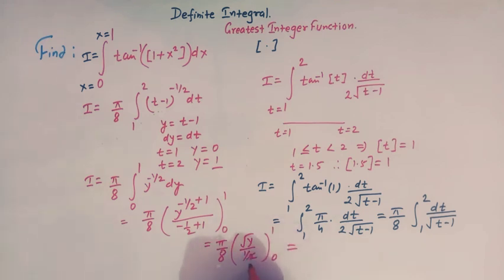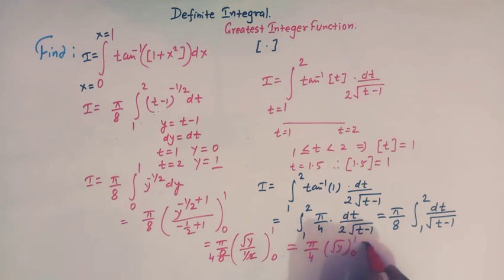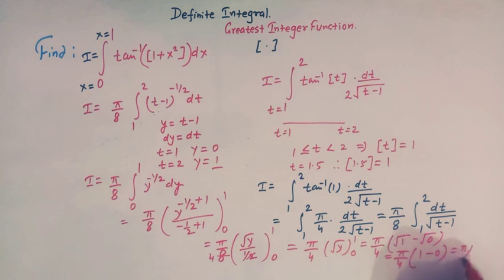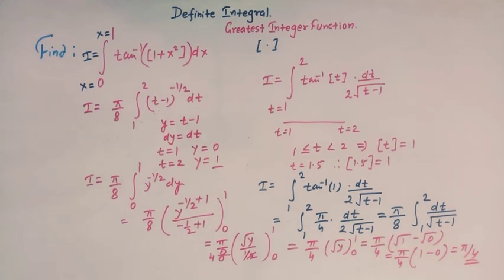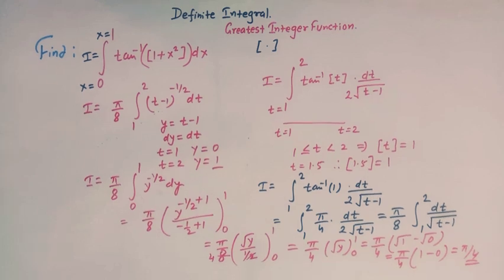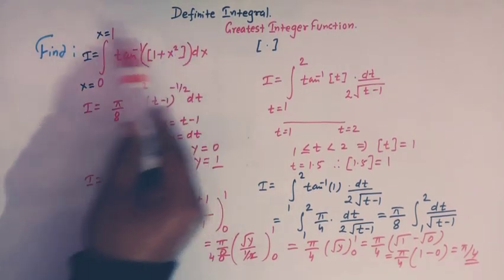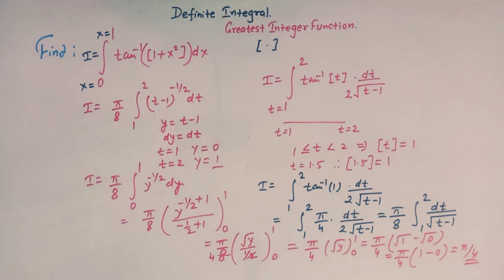Now these two get cancelled, so we have here 4, so this is pi over 4 times square root of y from 0 to 1. If we substitute the limits, we have square root of 1 minus square root of 0, and this is pi over 4, square root of 1 is 1, and here we have 0, so this is pi over 4. So viewers, the value of this given integral is equal to pi over 4.